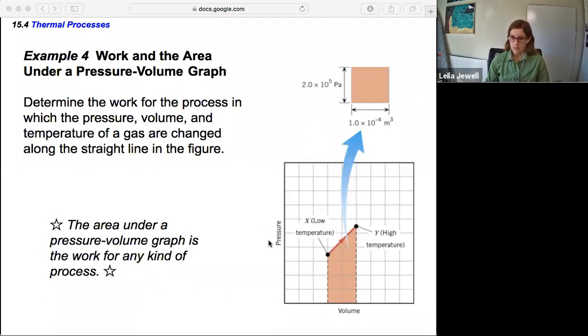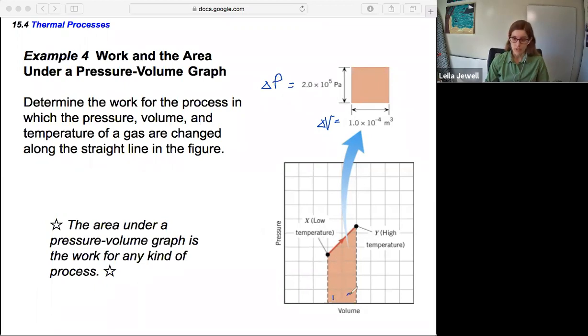So notice in this pressure volume graph, they give us, for each of these squares, how much volume change that corresponds to. That's sort of our delta V. And then how much pressure change each box corresponds to, which could be our delta P. So all we have to do is count the number of boxes that we have.